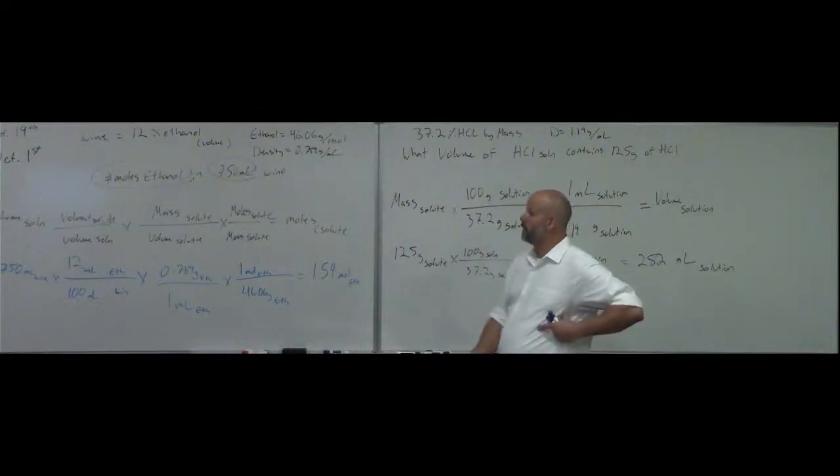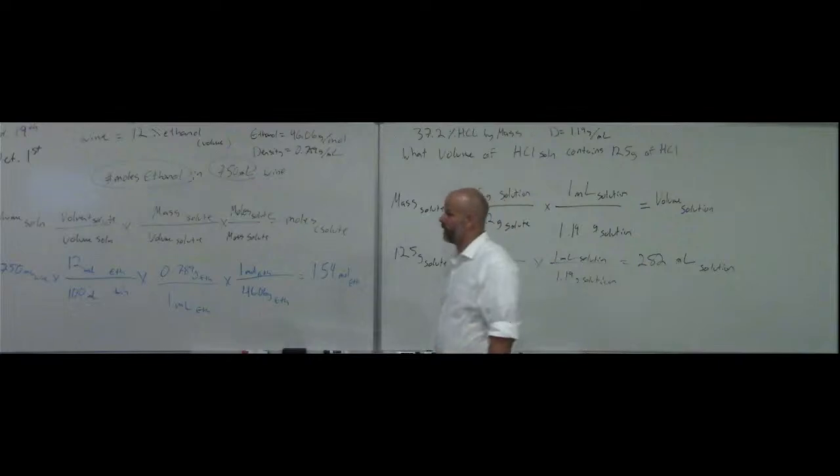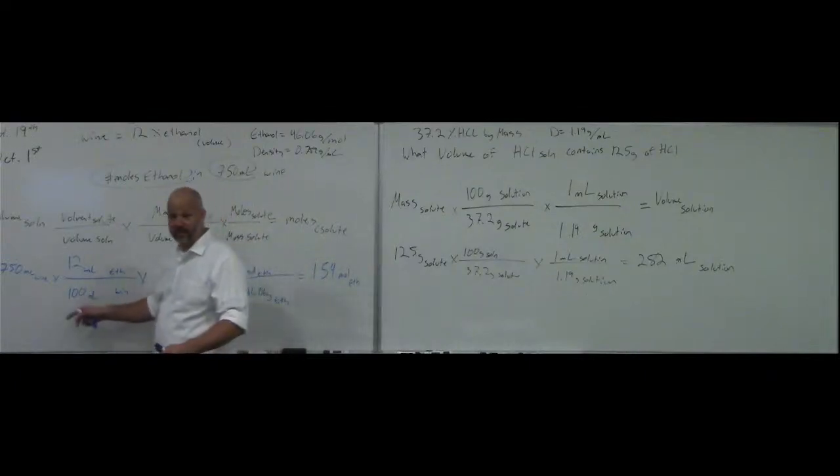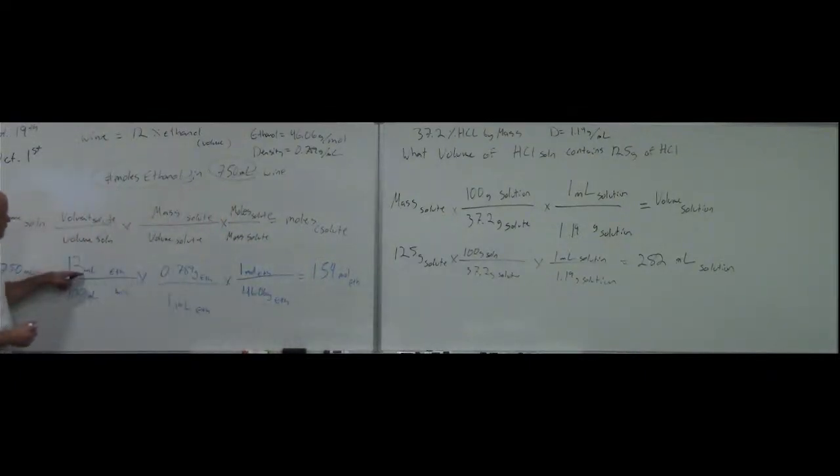Give me 1 second. So we did. Because what's 12 divided by 100? It's 0.12. I could have written this just as easily. I could have done 0.12 milliliters per 1 milliliter. These are the exact same thing. Go about it whichever way you want.